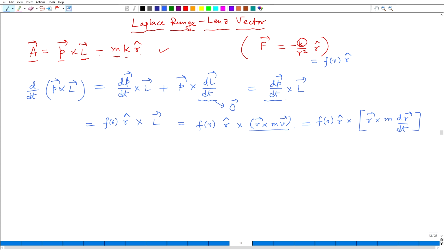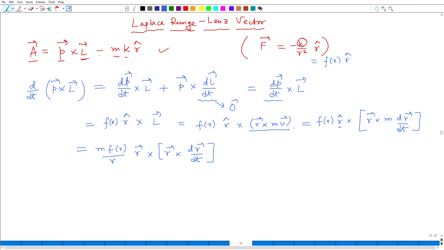And then, of course, this is equal to m f of r. Now, I take an r over here and make this one an r vector. Then I can simply say that I will have r vector cross r cross dr/dt.